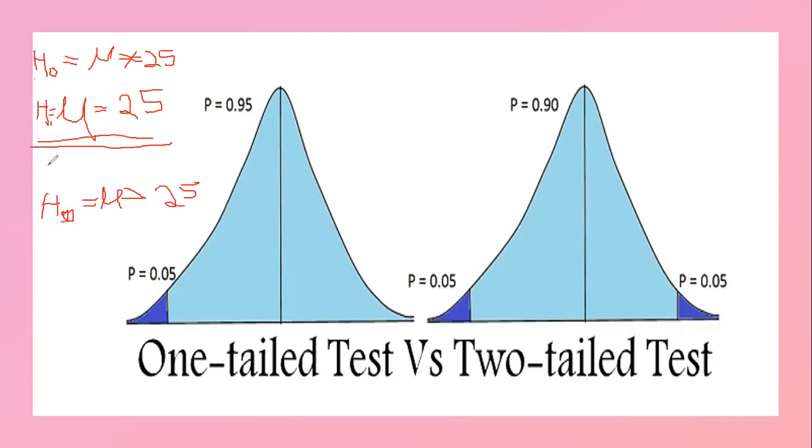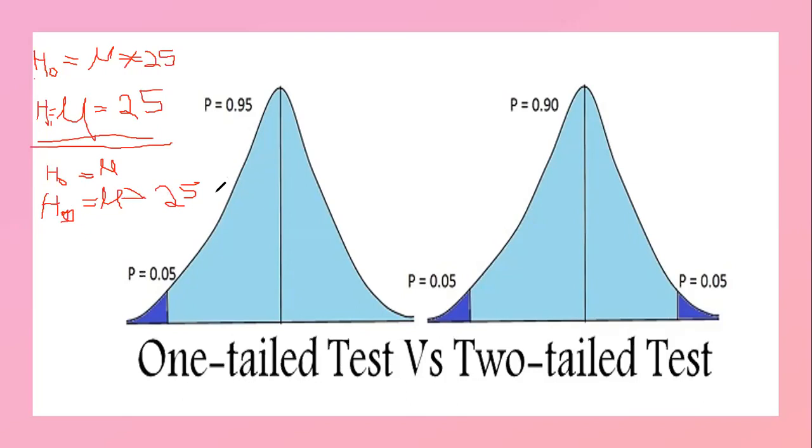So here the null hypothesis is mu is not more than 25. The alternative hypothesis says mu is more than 25.